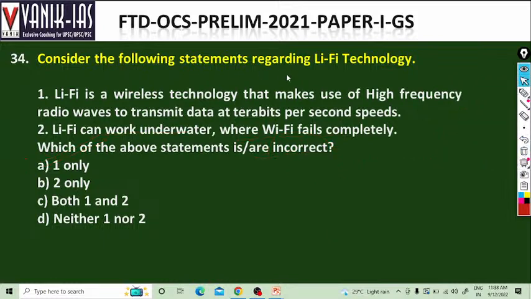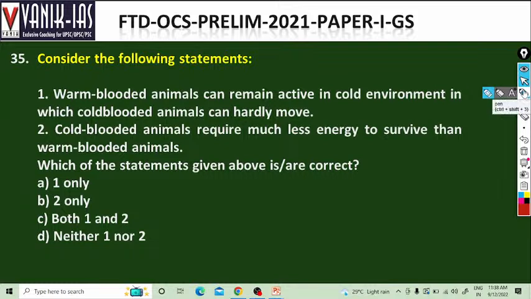Next question. Consider the following statements. Warm-blooded animals can remain active in cold environment, in which cold-blooded animals can hardly move. Cold-blooded animals require much less energy to survive than warm-blooded animals.